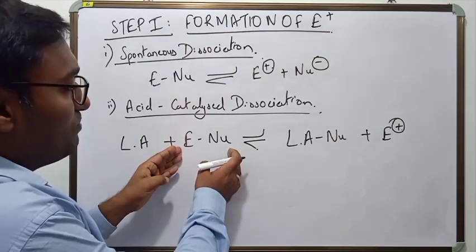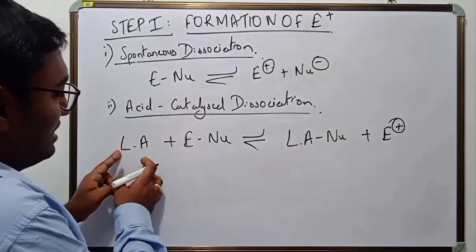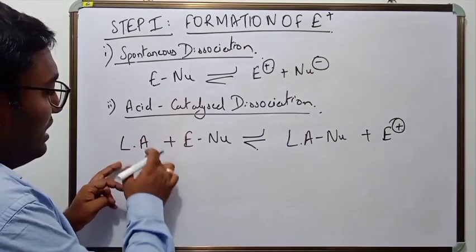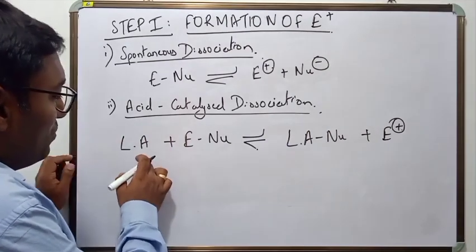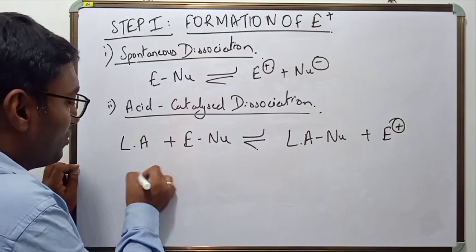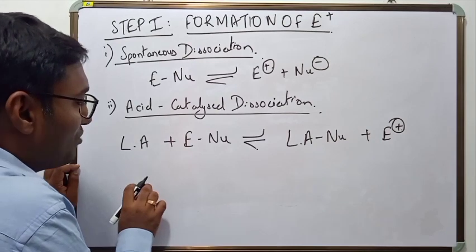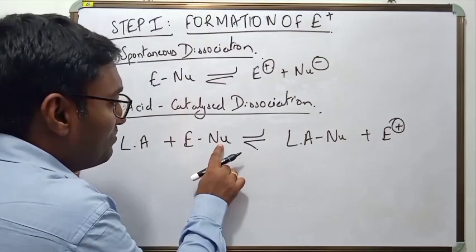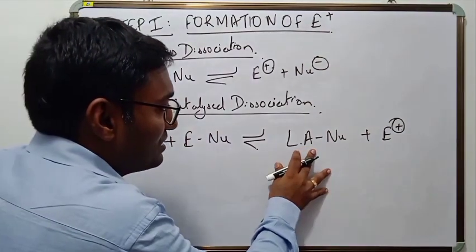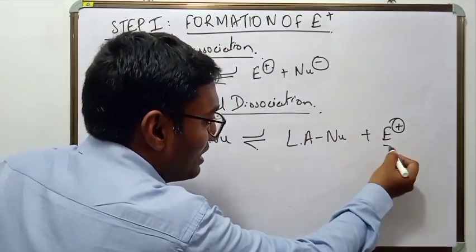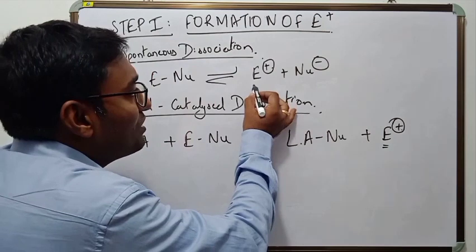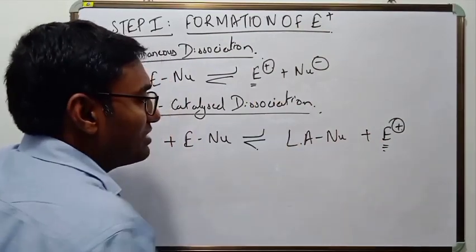If there is no ample dipole moment between them, we need an external reagent. So we can use a Lewis acid. Now Lewis acid has an empty d orbital, so it can accept a pair of electrons from the nucleophile. Here it accepts and the electrophile has taken birth. So in both cases the electrophile takes birth.